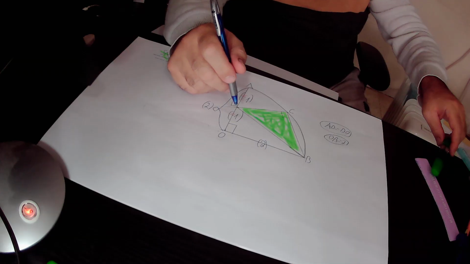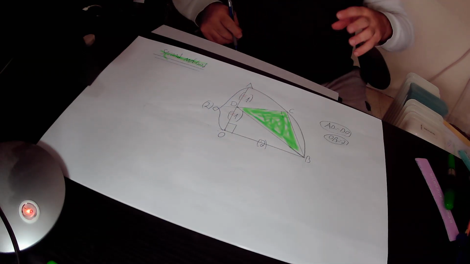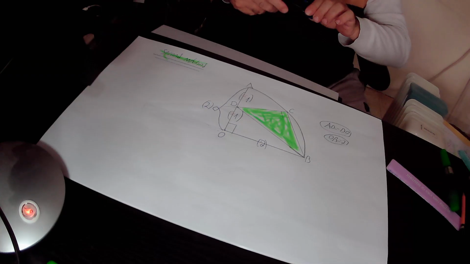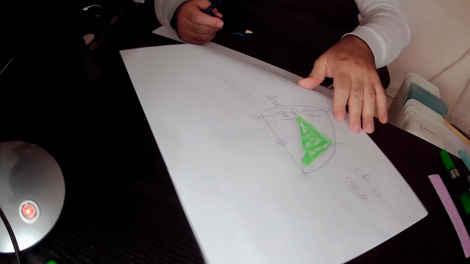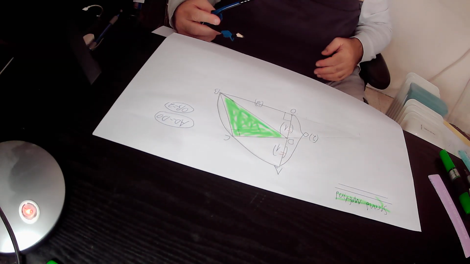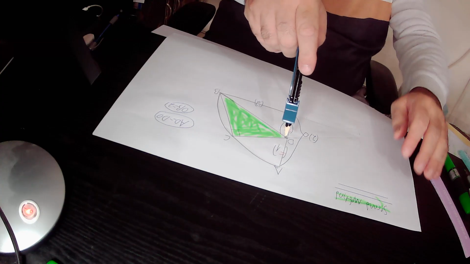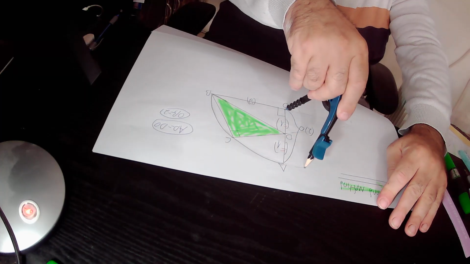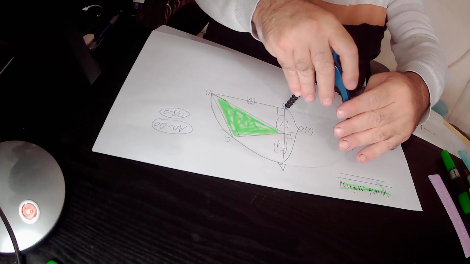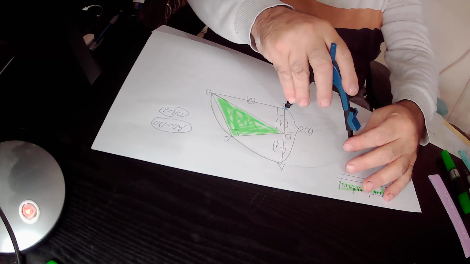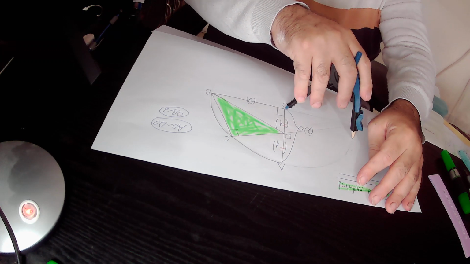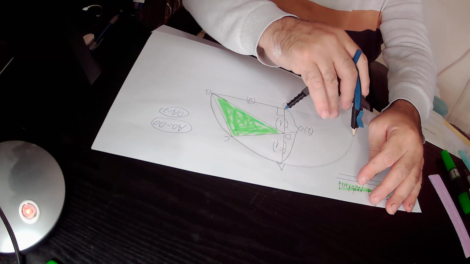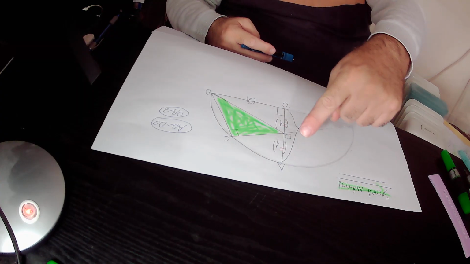In the next step, we will do a construction, that is to say, we will complete this quarter circle to a semicircle. So complete the quarter circle to a semicircle.